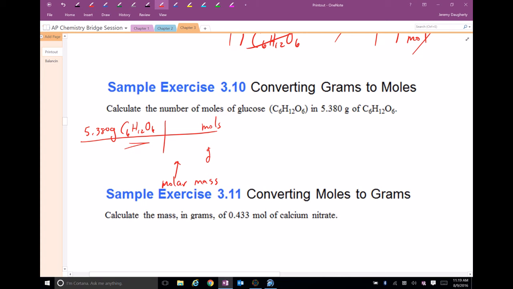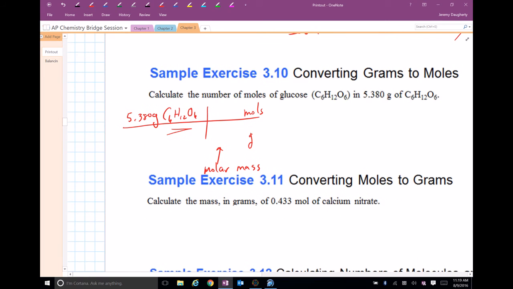So 6 times carbon, which is, I believe, 72.06. 12 times hydrogen, which is 12 times 1.008, that's 12.096. And then 6 times oxygen, 96.